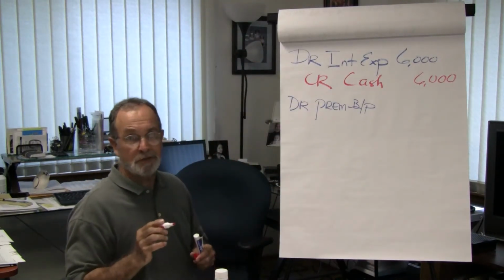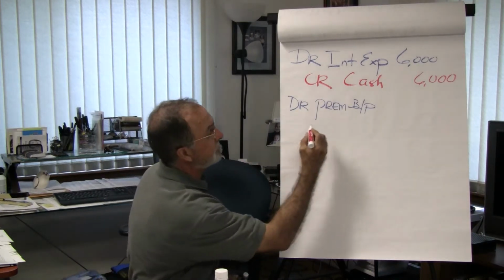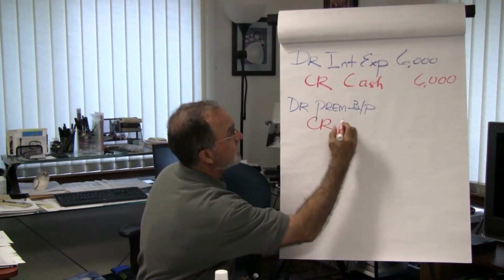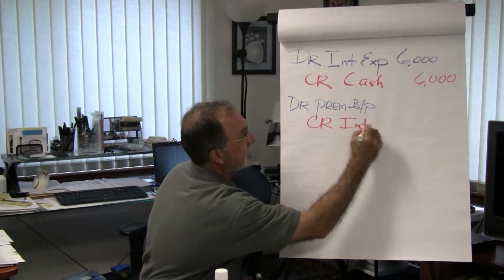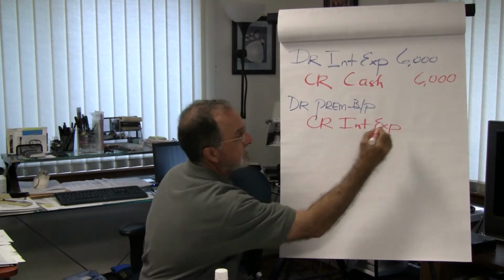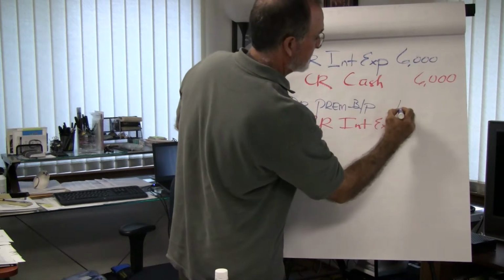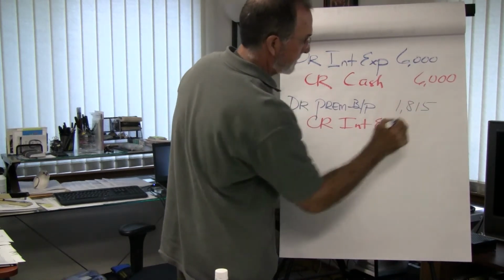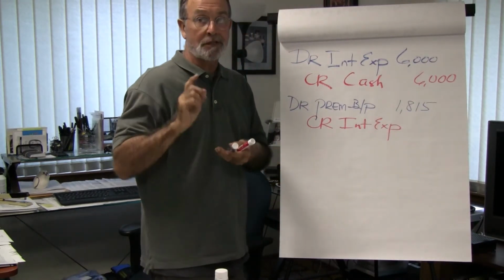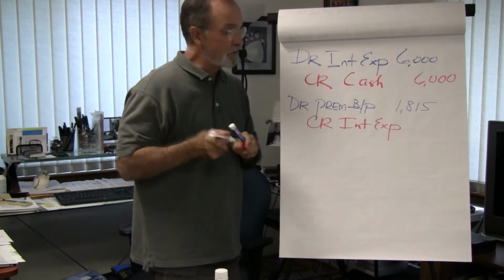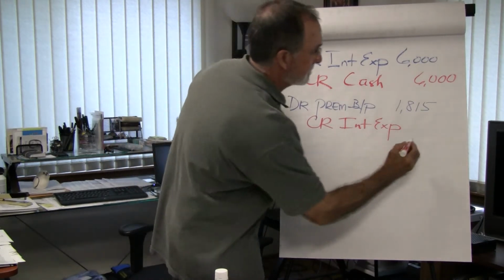If you think about this long enough, I think you'd figure it out. We will credit interest expense, and the amount of this entry is for $1,815. Again, using the straight line amortization method for the premium.